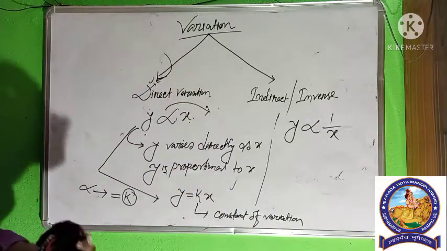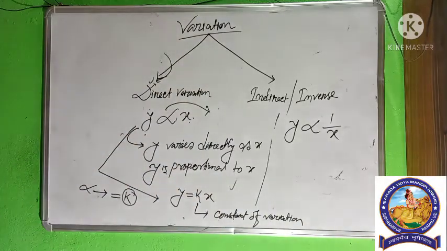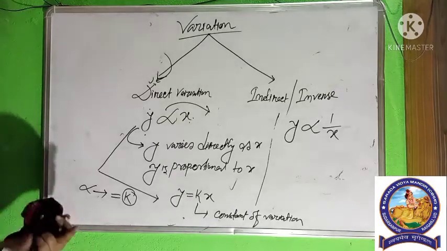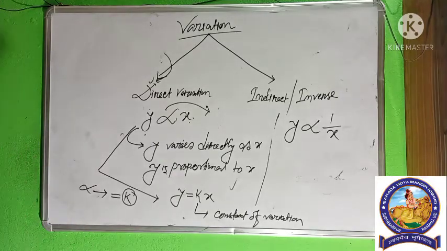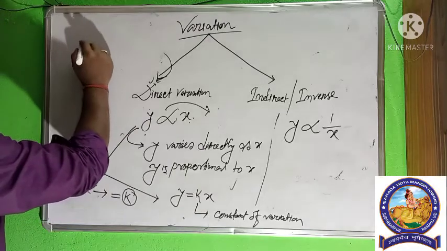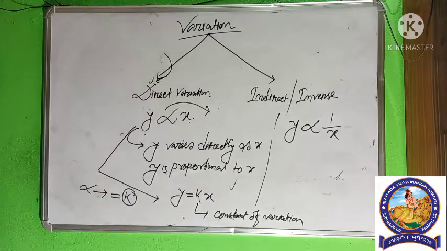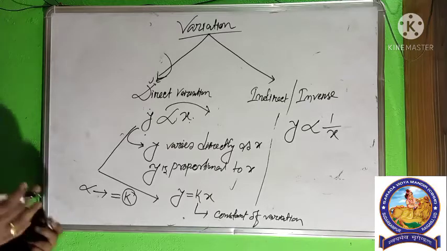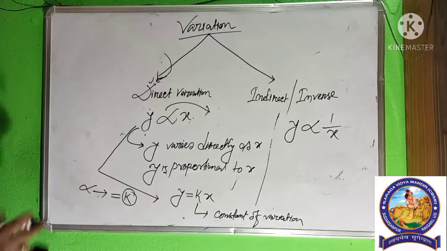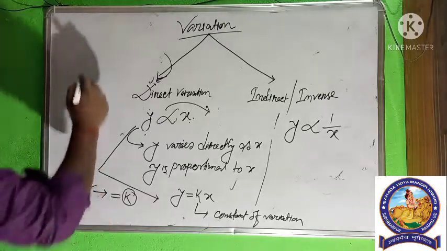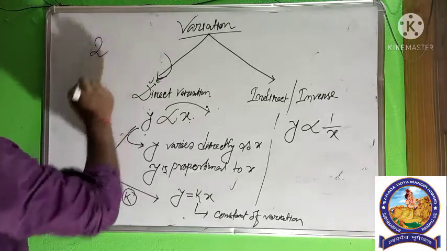Constant. And you know what a constant is in an algebraic expression? I think I have discussed constant and variable. So what is constant? Constant means the value which does not vary, or which remains the same everywhere. For example, the value of 2 remains the same.